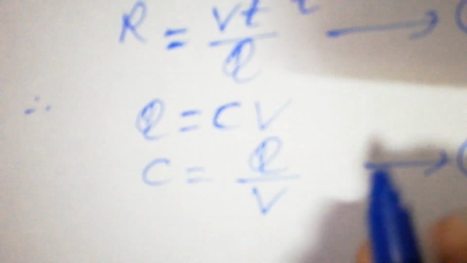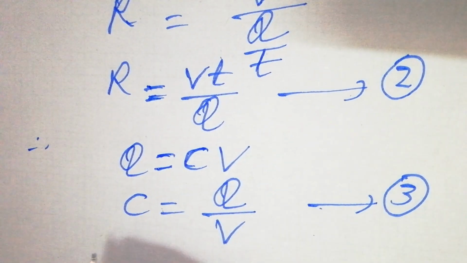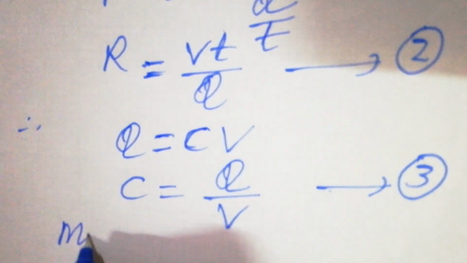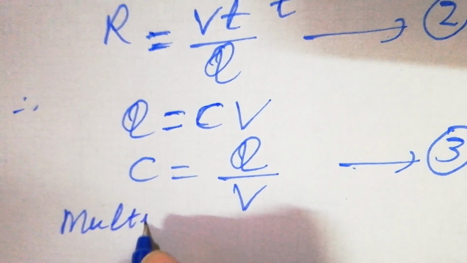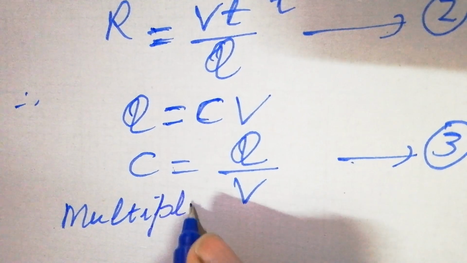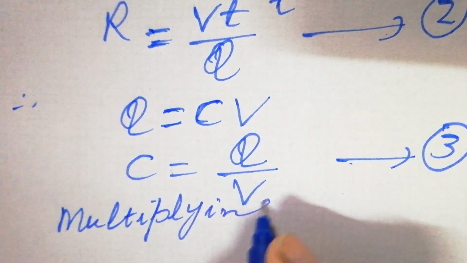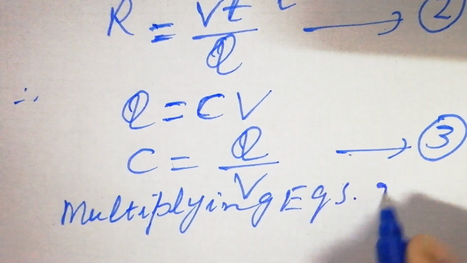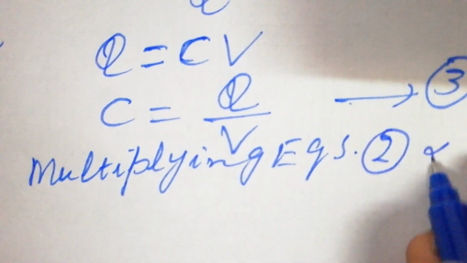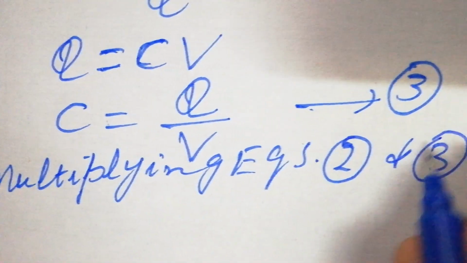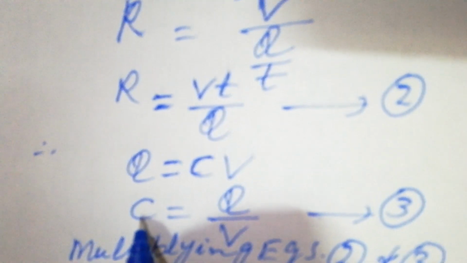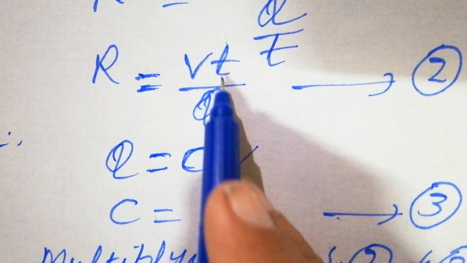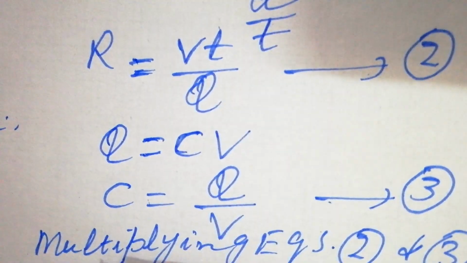And now you just multiply equations 2 and 3, and we all know the left hand side is multiplied by left hand side and right side is multiplied by right hand side.